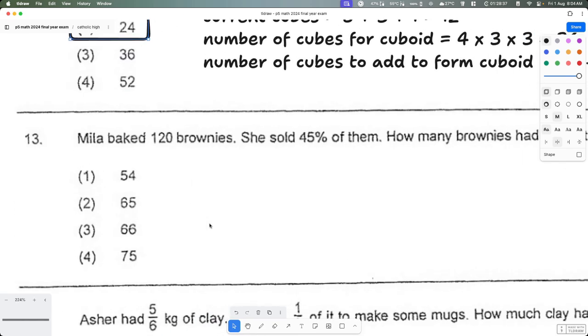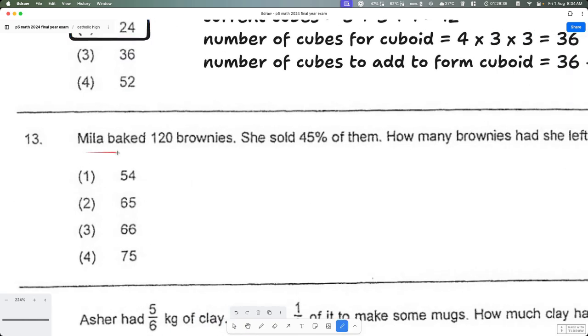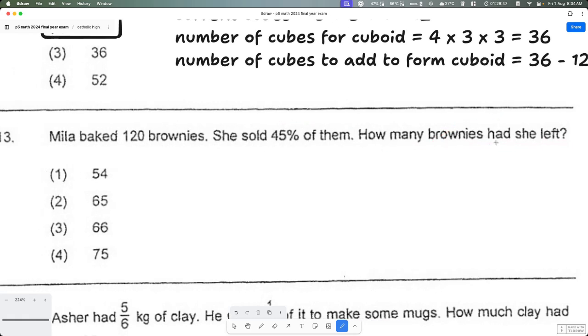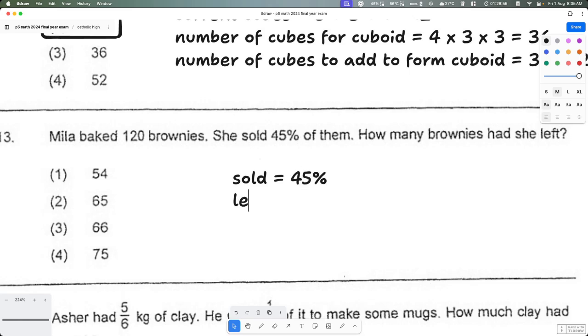All right, let's move on to question 13. Mila baked 120 brownies. She sold 45% of them. How many brownies had she left? So she sold 45%. What she's left with is 100 minus 45%, which is equal to 55%.